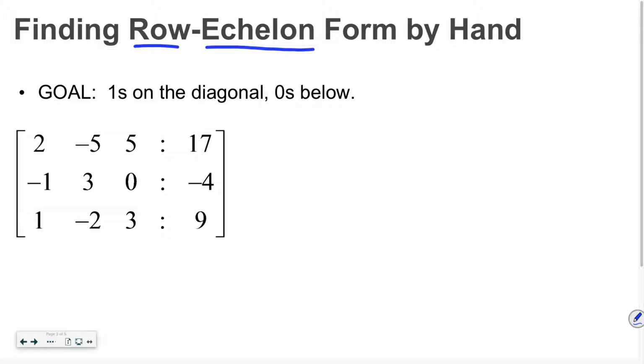okay? So look at this matrix and have a discussion at your table. What could be a move we could make in order to get something to happen?